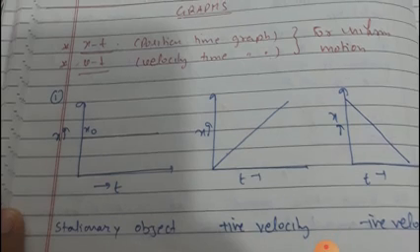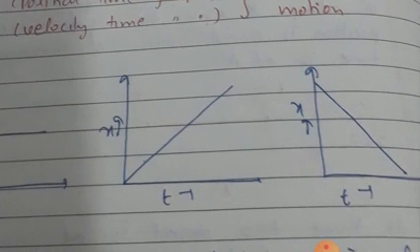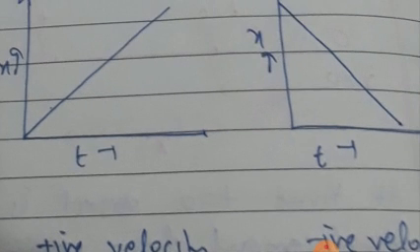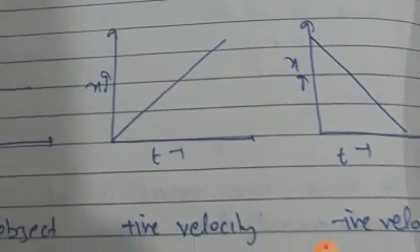In the next case, again we have represented the graph as a straight line, but now the displacement is decreasing, and we can say that due to the straight line it is uniform motion. Since its nature differs from the first one, here x decreases with time, so we say that in this graph the object is moving with negative velocity.